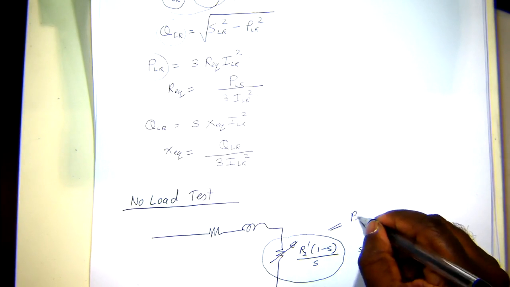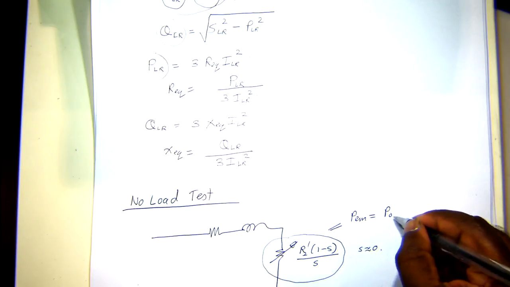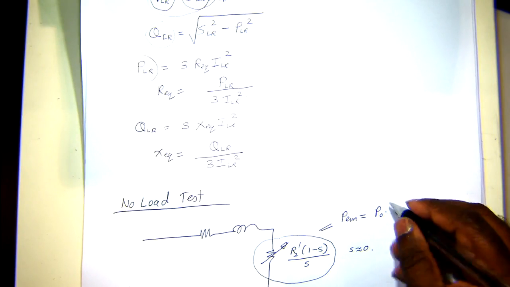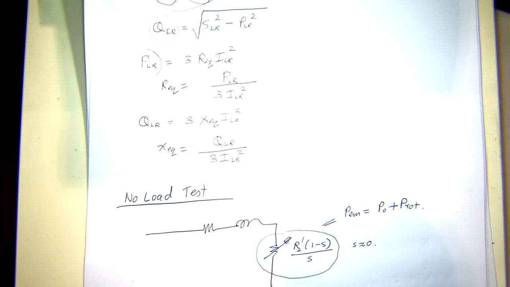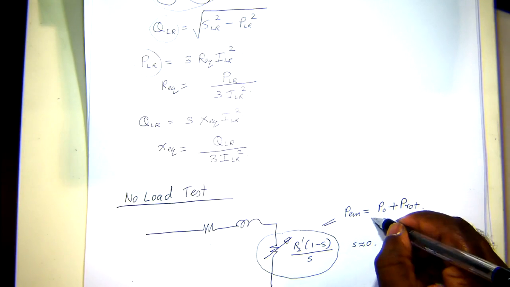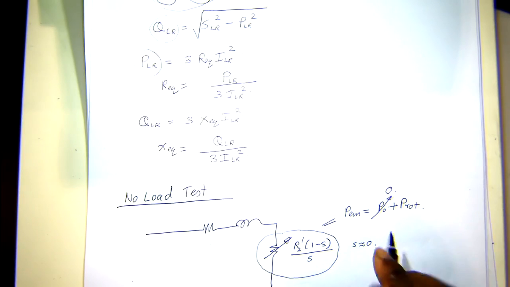So P EM equals P output plus the P rotational losses. When you're running it no load, that means this is going to be 0, and your P EM will be the rotational loss value. So the total power being transferred to the rotor is the rotational losses that you need to compensate.